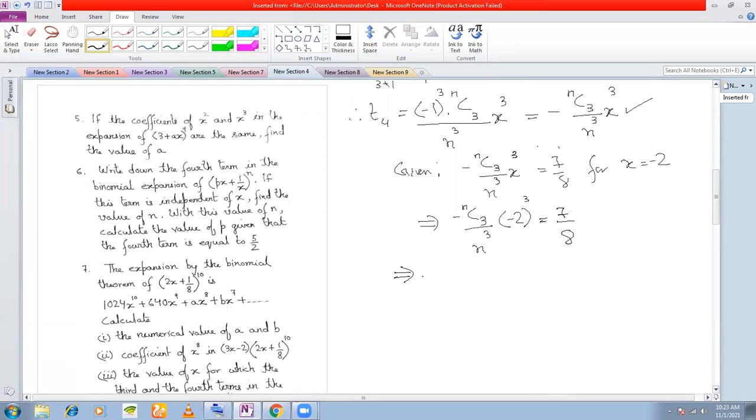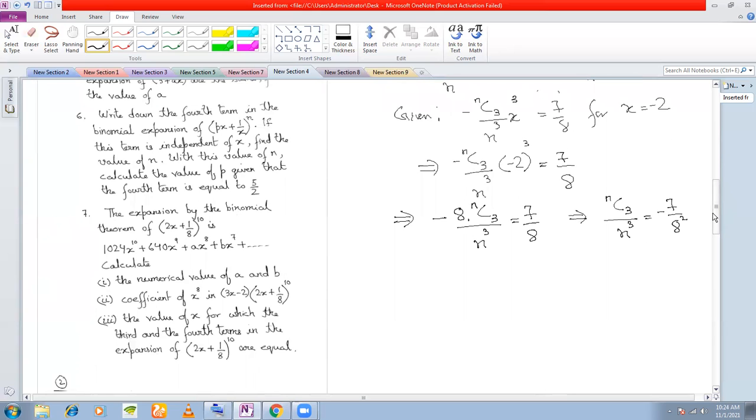First of all, minus 2 cube is minus 8. So minus 8 into nC3 divided by n cube is equal to 7 by 8. Now if you divide both sides by minus 8, you get nC3 by n cube is equal to minus 7 by 8 square, so I've removed 8 from the left hand side.